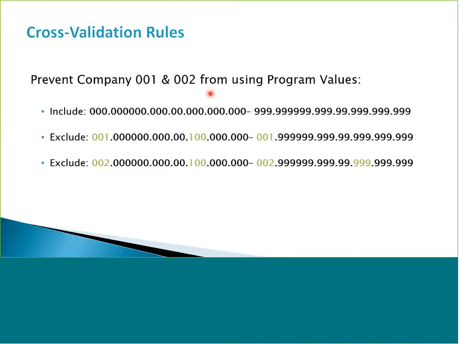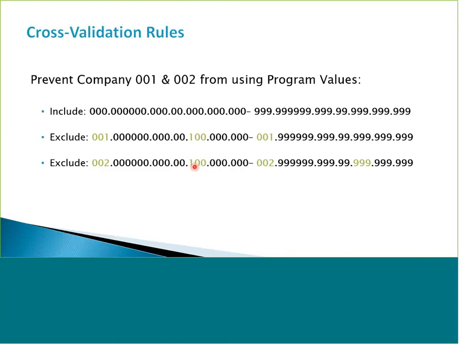So how would we define that exclusion range? If we did it as one line, company 01 to company 03, that would be the wrong way to do it. Why? Because company 02 also falls in that range. So if you did it as one line, company 01 through company 03, you would exclude company 02 from using program values, and we know that company 02 can use them. So what do you do? You do two exclusion ranges: one for company 01, as we did here, and another one for company 03, as we did here, leaving out company 02.